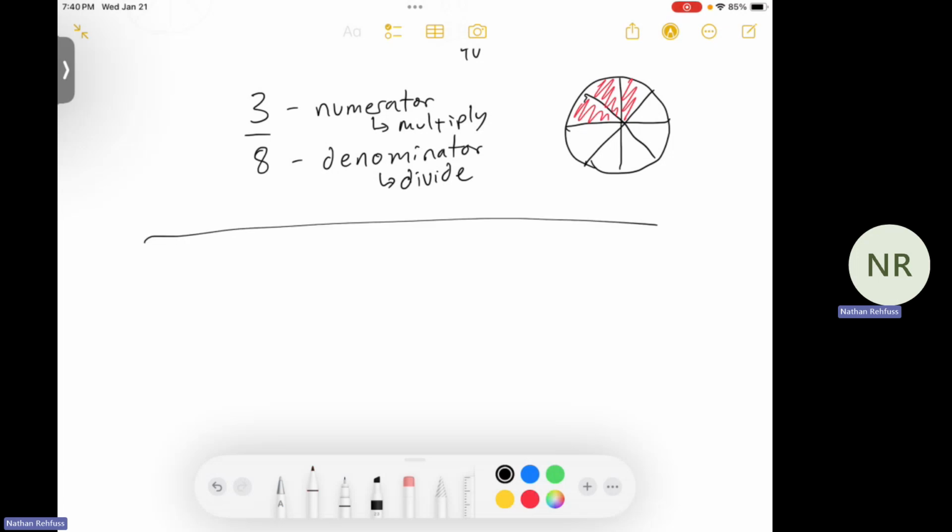We can also think about a fraction as a proportion. When I say 2/3 of 63, what does of mean in math? You might know that of means multiply.